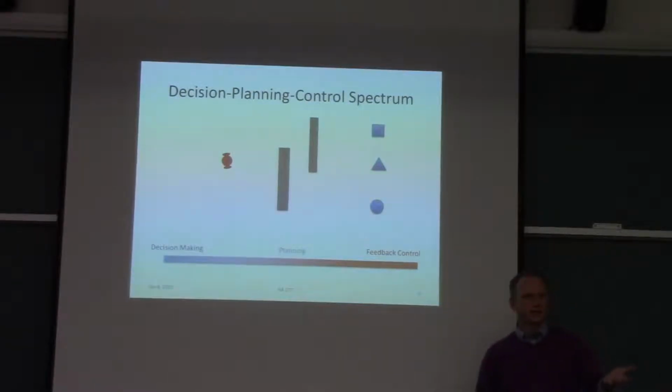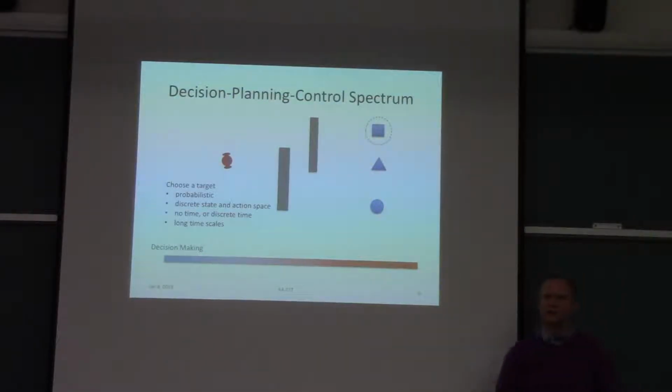So decision making would be the problem. So suppose we have a single robot here. We want to navigate this robot through some obstacles to one of 3 goal locations. So decision making, I claim, is this high level objective of where do I want to go? What's the goal choice? It's usually discrete. Oftentimes there's no explicit modeling of time or a time sequence.